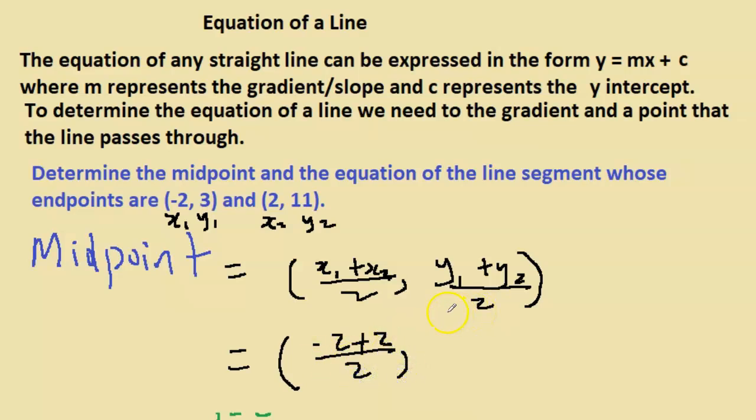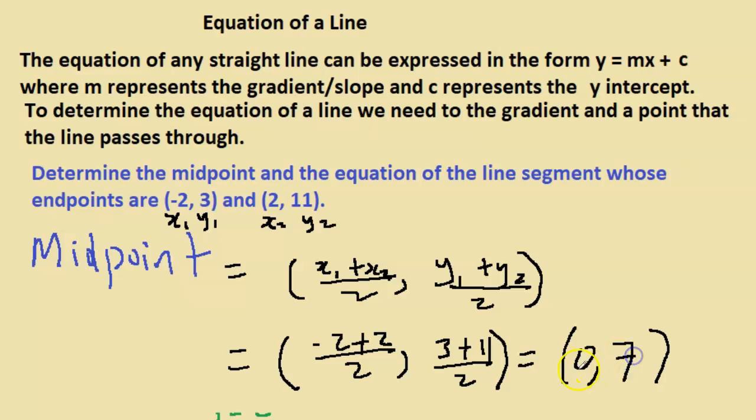And when we average the two y values, we get 3 plus 11 over 2. Now the numerator is -2 plus 2, that's 0. 0 divided by 2 is 0, right? And then 3 plus 11, that's 14. 14 divided by 2 is 7. So the midpoint of this line is 0, 7.